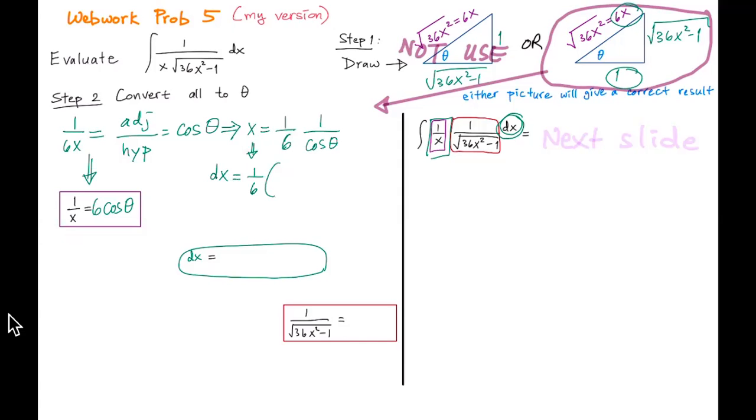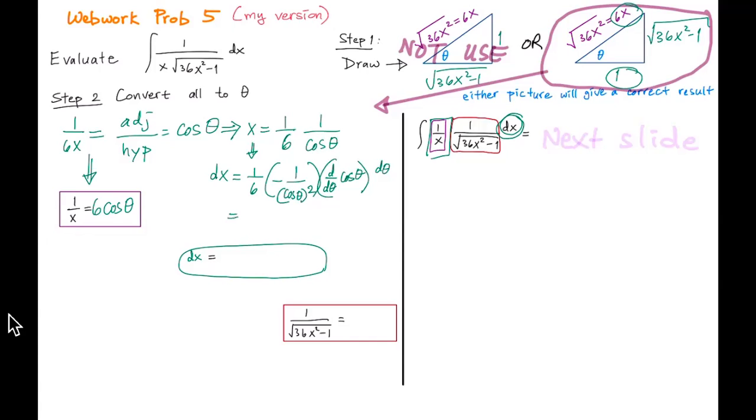So I have negative 1 over cosine theta squared. And then because of chain rule, I have to do d theta cosine theta.